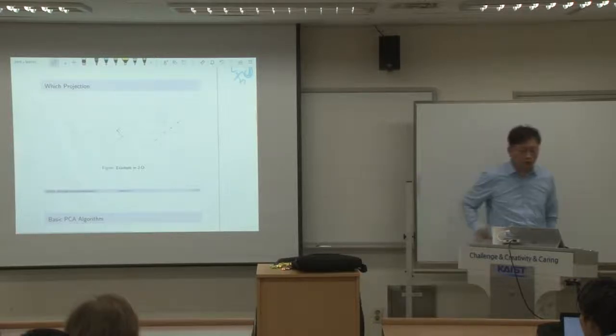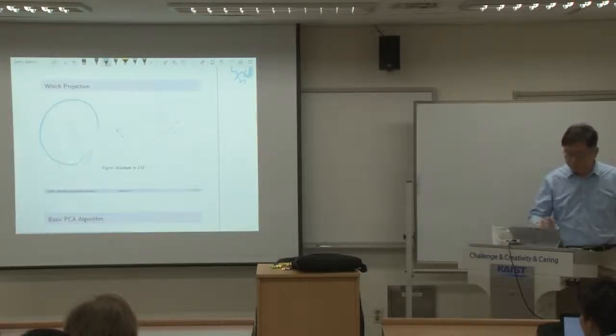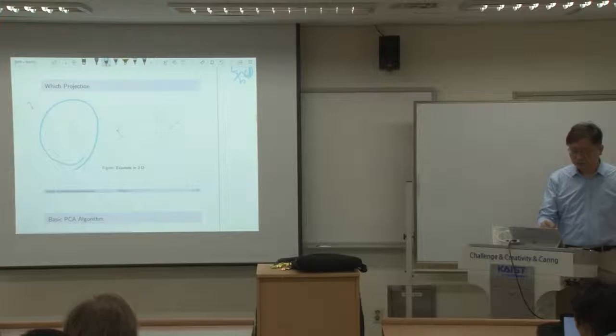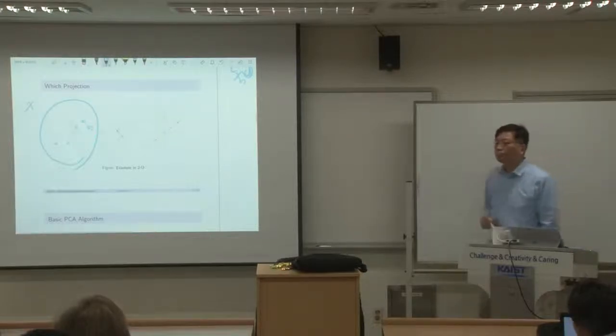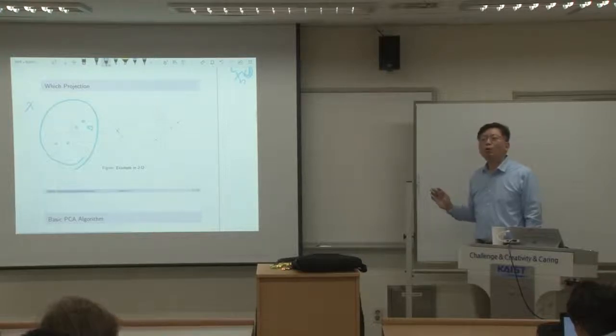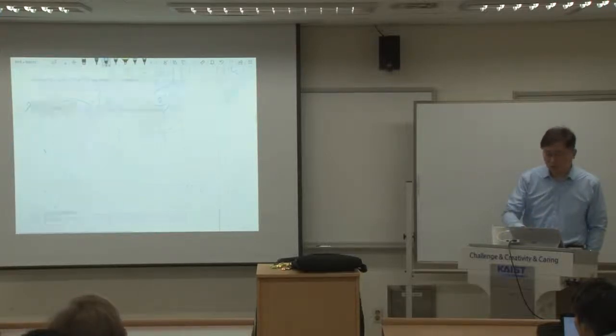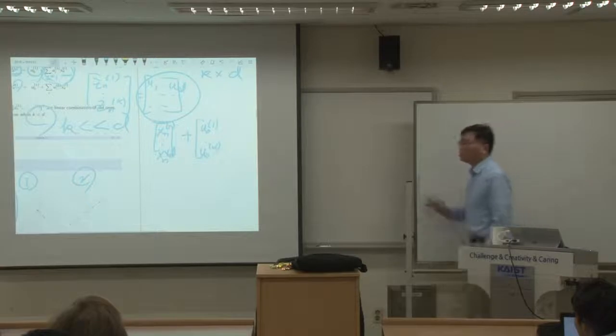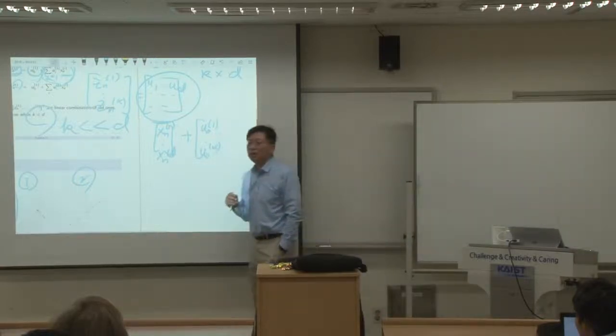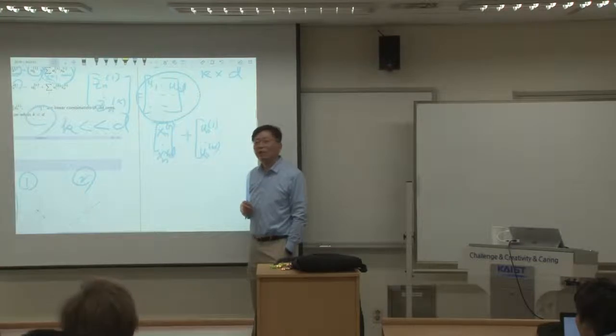Now I'm showing you on the left-hand side some data, the original x's. It's two-dimensional. And I'm going to project that data onto a line. This is case one, and this is case two. By the way, I also want to say that it's a linear transformation, and you can think of this as projection.